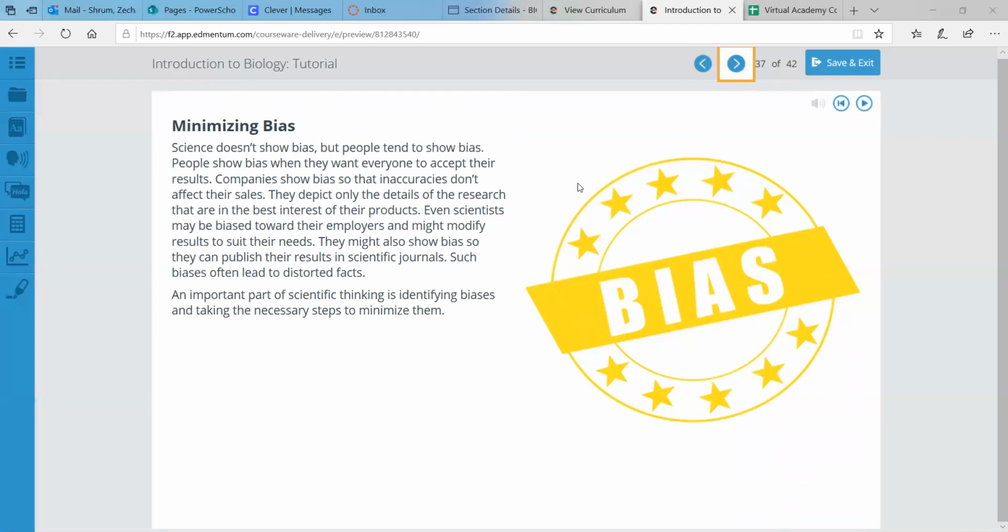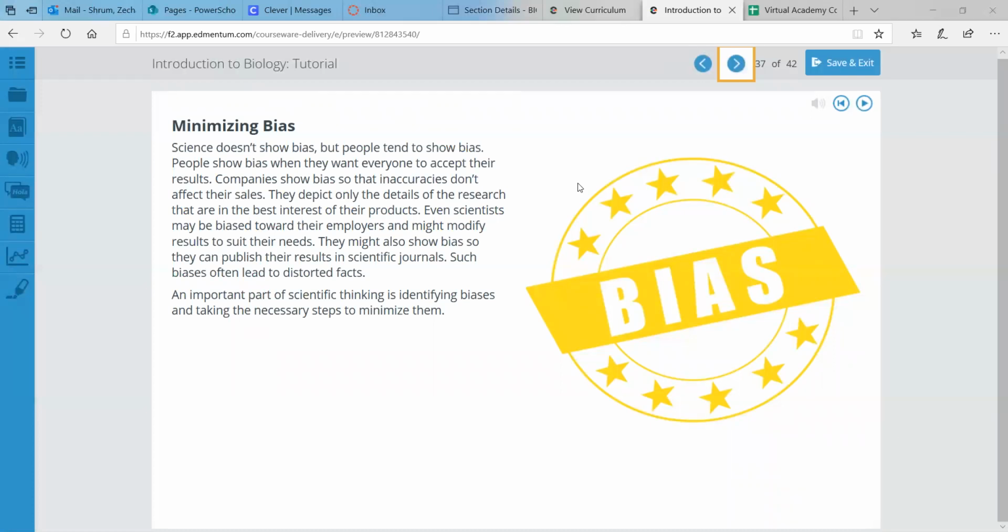They might also show bias so they can publish their results in a scientific journal. So scientists may change data or maybe lead to not so accurate experiments just to get published.